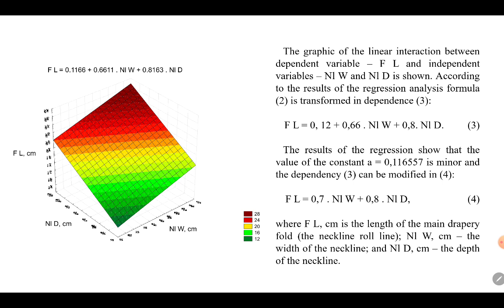The results show that the value of the constant A is minor, and therefore the dependence can be modified in Model 4. And actually dependency 4 can be used for measurement of the draped necklines.